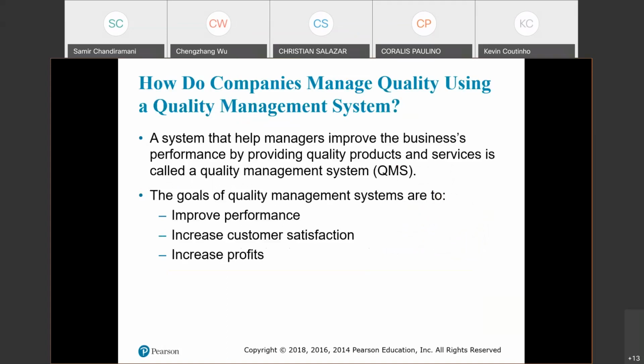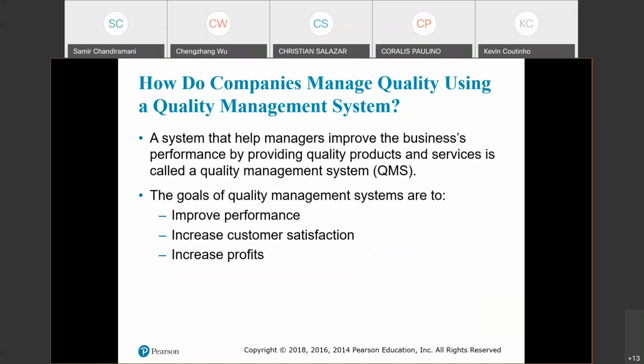QMS, which stands for Quality Management System, are systems that help managers improve business performance by providing quality products and services. There are several quality management systems currently in use, and the increased availability of software programs to assist in data collection and analysis has helped even small companies to adopt these systems.